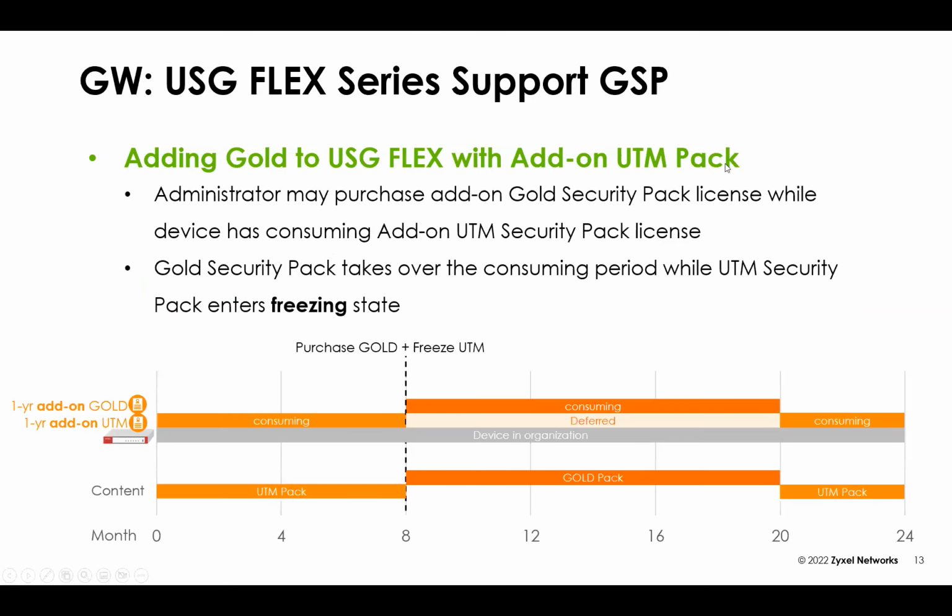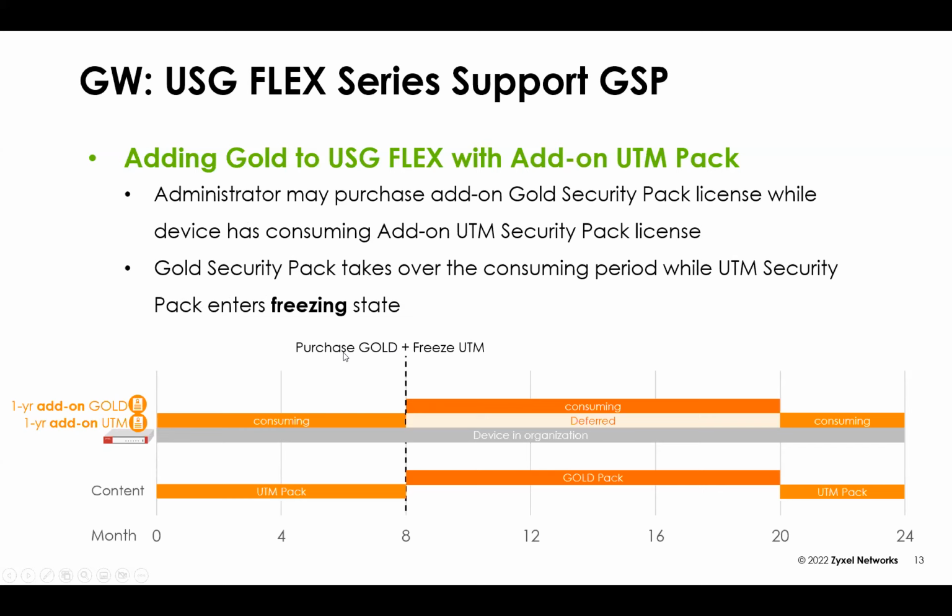Okay, and here's basically just a layout of how it works. When you add a Gold Security to your USG Flex with the add-on, it starts off with our 1 year add-on, and we can see that it is consuming. But if you have the Gold Security Pack, it takes over the consuming period while the UTM Security Pack enters a freezing state.